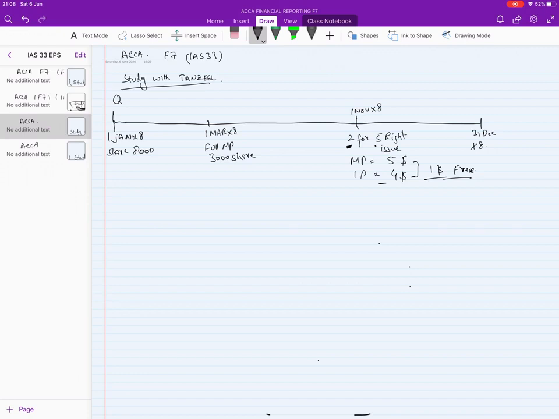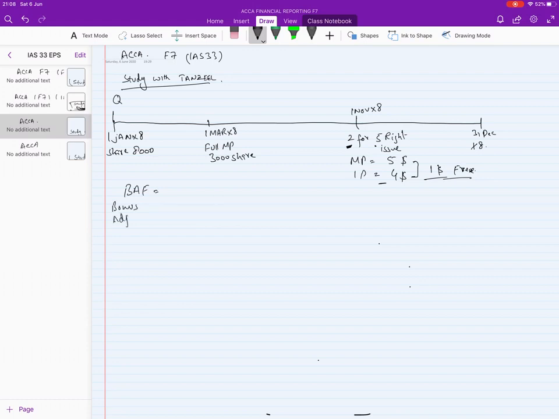Okay, let's calculate. As for a bonus issue we calculate the bonus fraction, but here we need to calculate the BAF, which is the bonus adjustment factor.